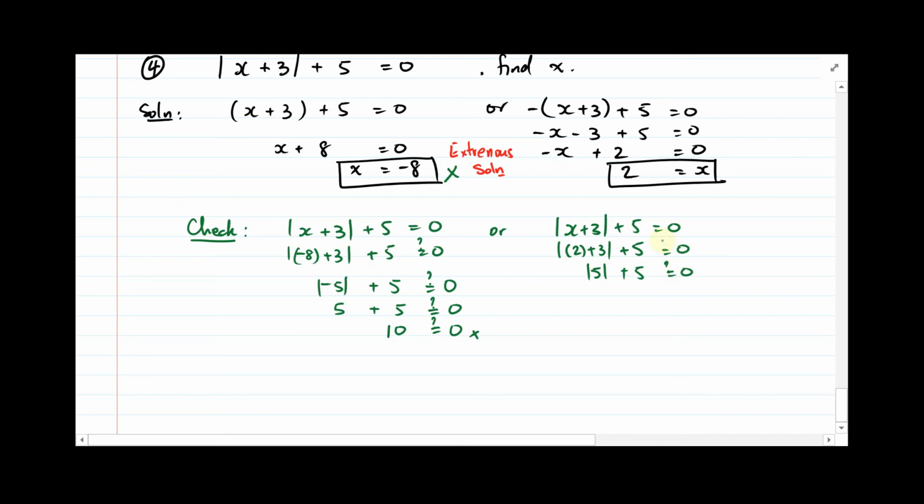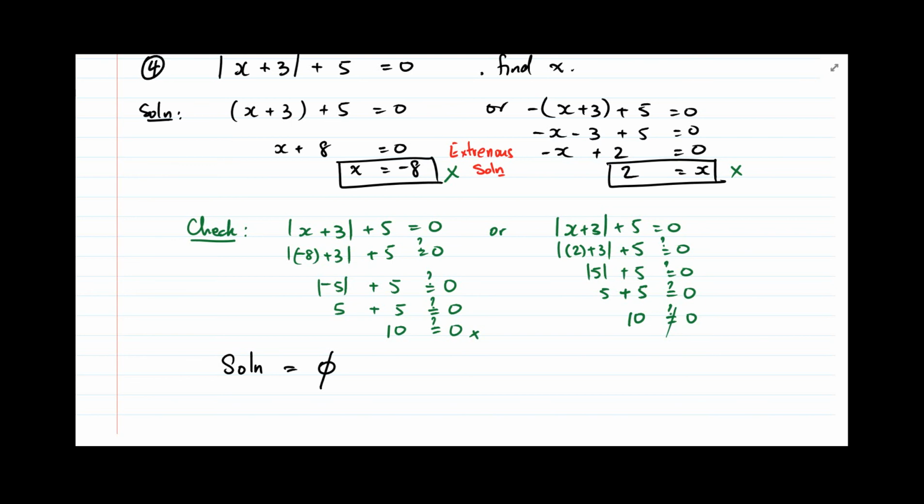We end up with 5 plus 5. Is this equal to 0? So 10. Is this equal to 0? And it's not. So again, we have another extraneous solution. So when I write my final solution, my solution is actually the empty set. There are no values of x which can make this equation true.